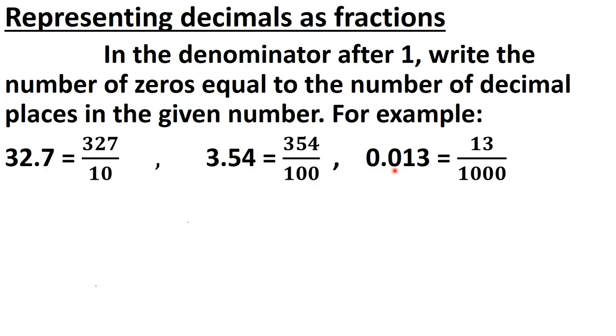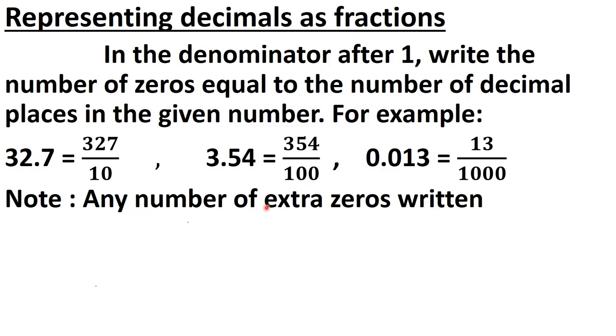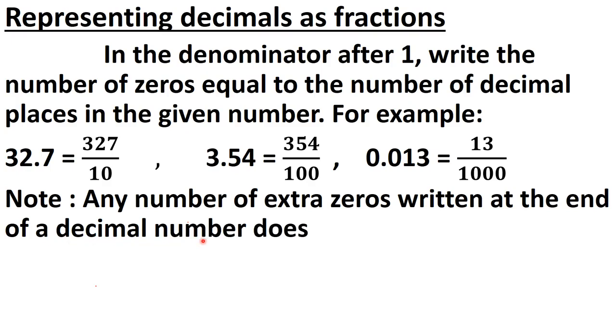0 decimal 0 1 3. Now after the decimal here are 3 digits. So in the denominator 3 zeros will come. So it is 13 upon 1000. Note one thing, any number of extra zeros written at the end of a decimal number does not change its value.